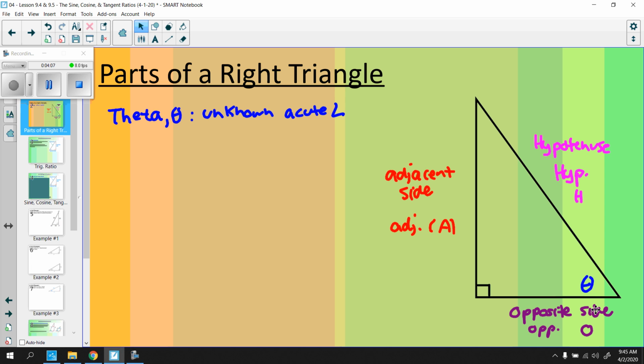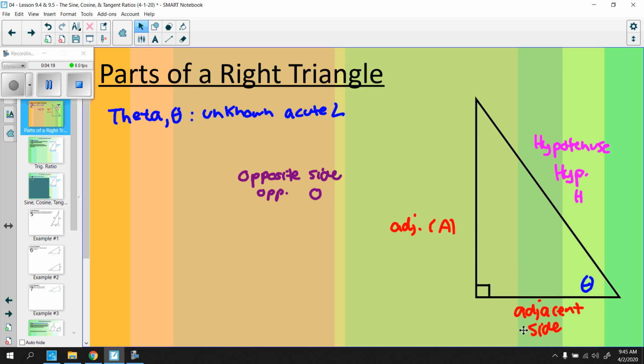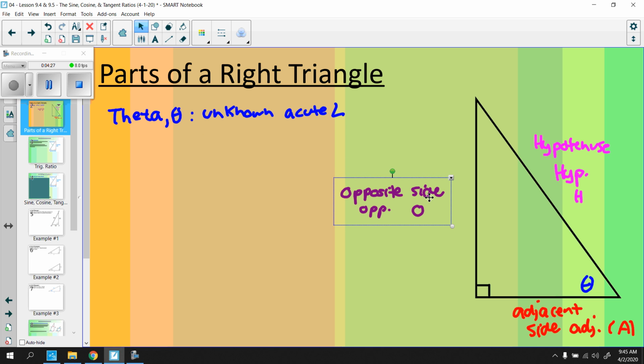If I walk out from my angle, this side is now the opposite side, and this one right next to me is my adjacent. So it's all perspective, depending on the angle you're talking about. The hypotenuse never changes, but opposite and adjacent will, depending on where your theta is.